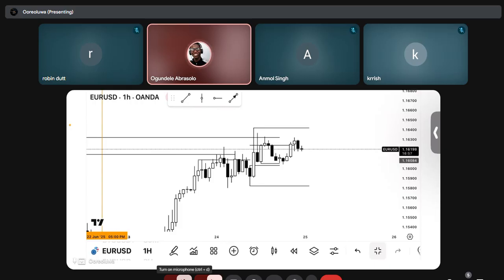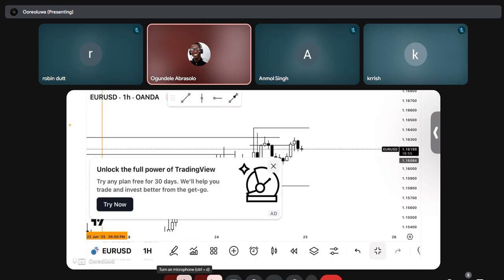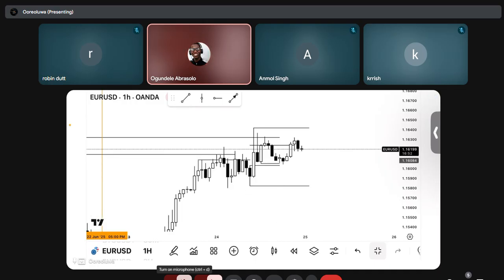You need to come from the higher time frame to start framing the narrative. Yes, but I don't actually know how to do that, like how to expect it beforehand. It is after price action that I start analyzing.